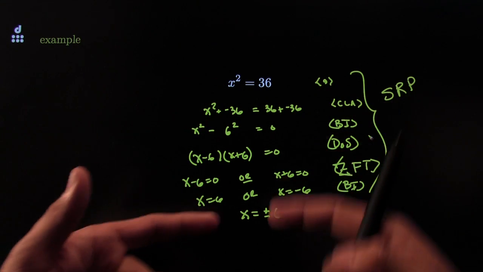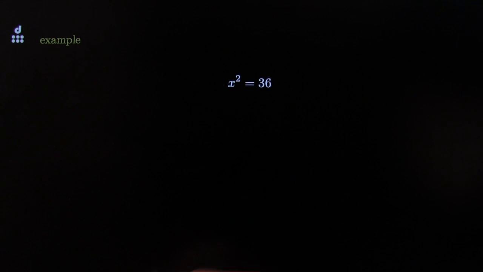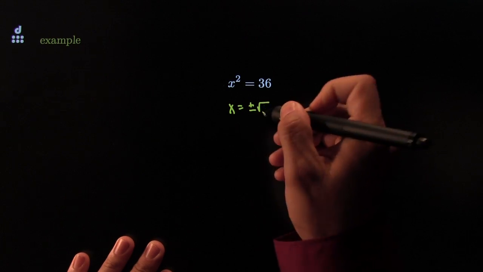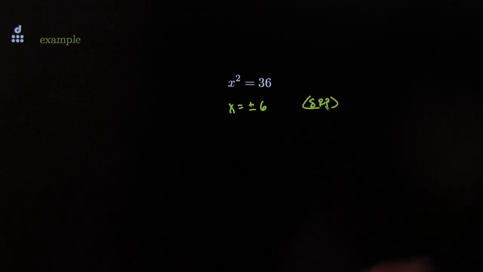But once you get used to that, you can just quote the theorem, and it packages all the steps into one, and it will look like this: x equals plus or minus the square root of 36, which is plus or minus 6, by square root property, just like that. Okay, that's the introduction to square root property.